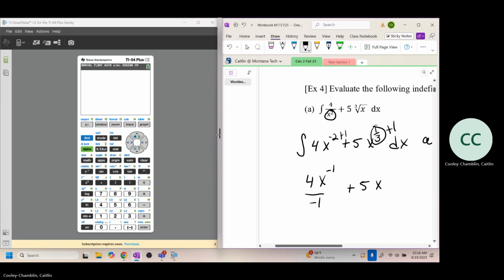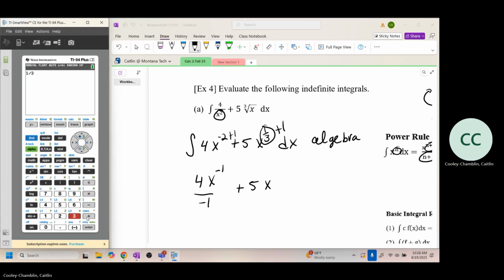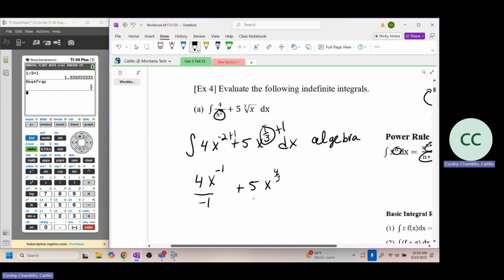Okay. I'm just going to leave this off to the side in case we need it again. So 1/3 plus 1 is 1.333. I'm not going to do decimals, so I'm going to hit math, and frac comes up. And we get 4/3. So x to the 4/3. And now I'm going to divide by 4/3.